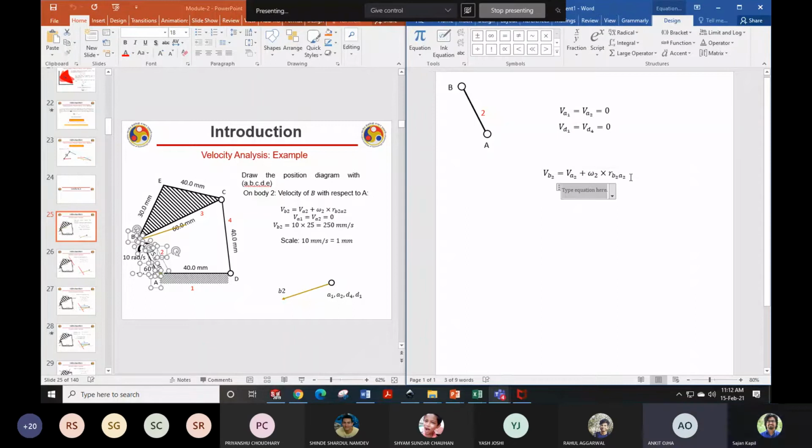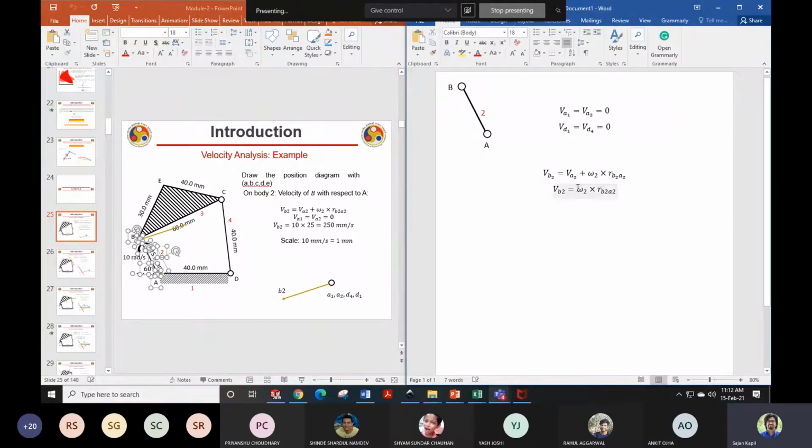VA2 and omega 2. So I can say VB2 will be equal to 0 plus... The velocity of A2 is 0, right? Then I can say omega 2 cross the position R B2A2. Everything is known here.